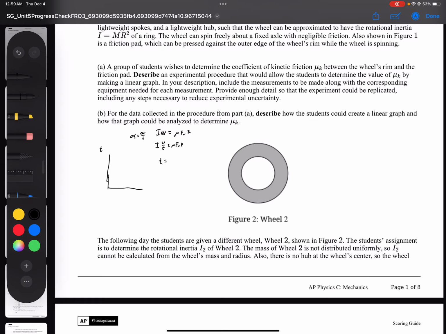let's see, this is r. So t is equal to I omega over mu times R times 1 over the normal force. Okay, so this is I omega over mu times R. Actually, I think it might make more sense to do... yeah, this is slightly tedious. But yeah, you could do this, right?